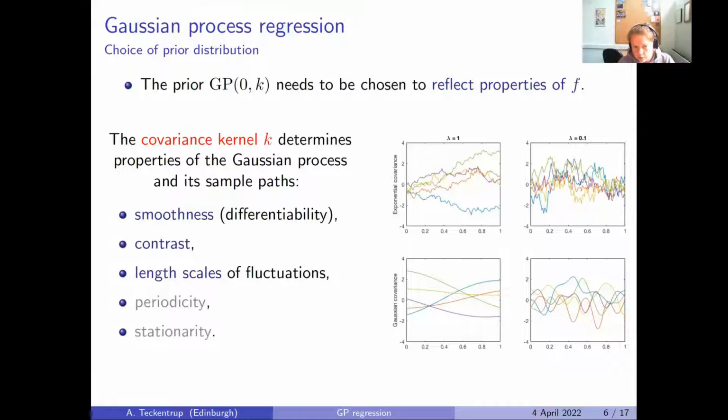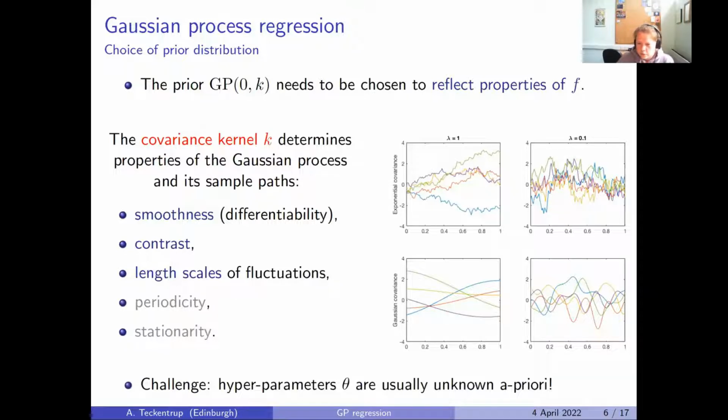So as you can see, the way that you choose the kernel K really determines what your sample paths look like. Right? And the problem is that you typically don't know what the right choice of these hyperparameters is. Typically there are some hyperparameters in the kernel that determine these things. There's a parameter often called lambda, which gives you the length scale.